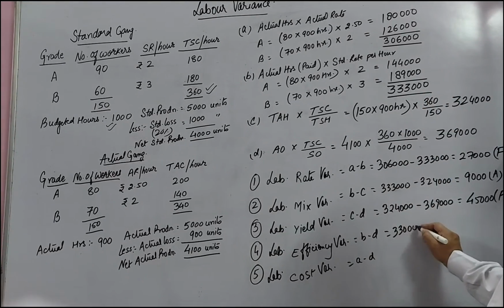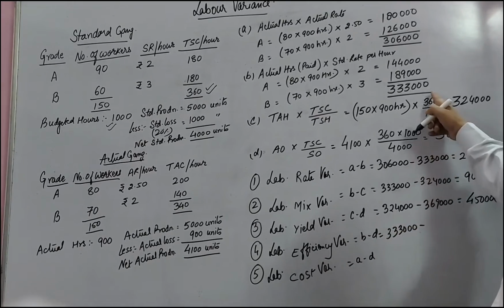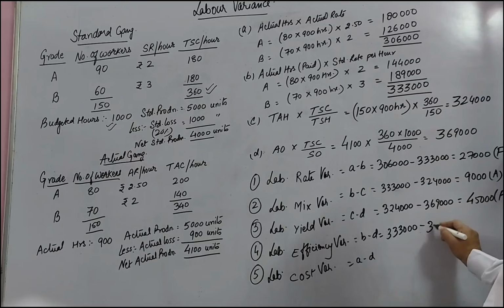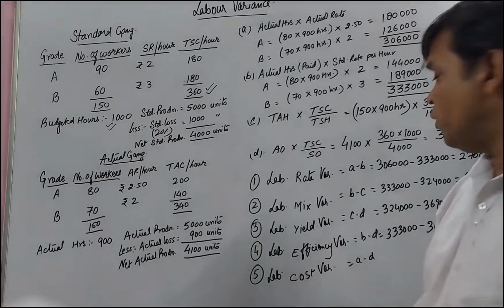And labor efficiency variance B minus D, 3,33,000 minus D, that is 3,69,000. So this is going to be 36,000 negative. 36,000 negative means 36,000 favorable.